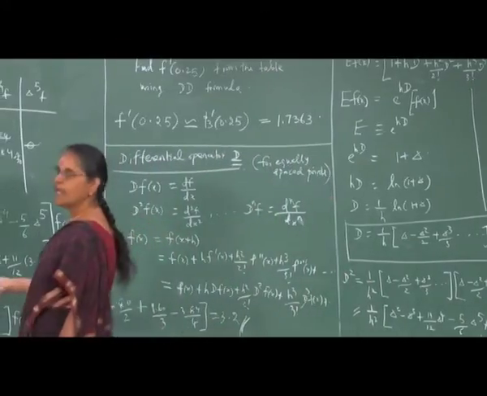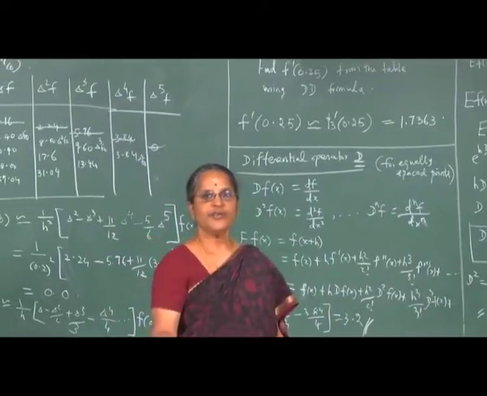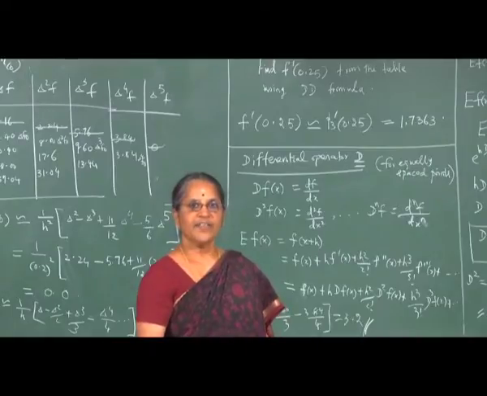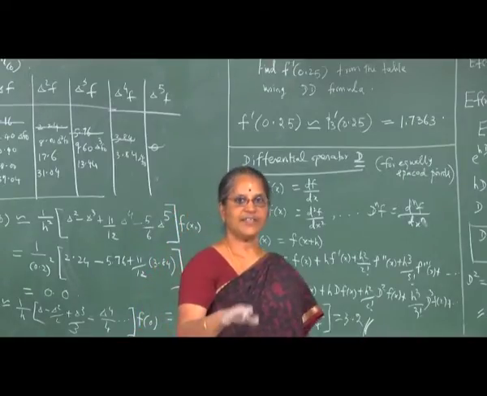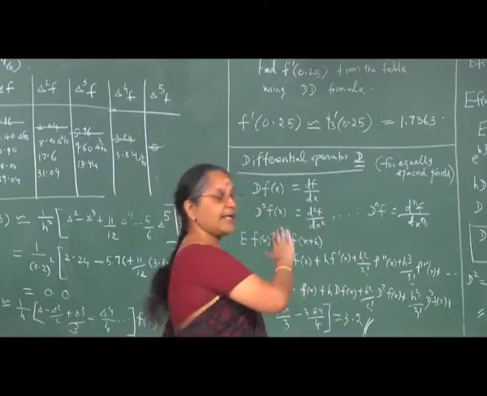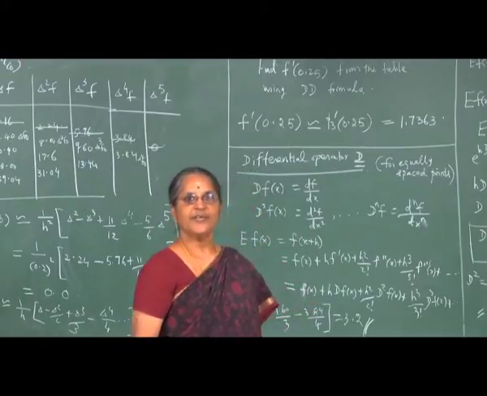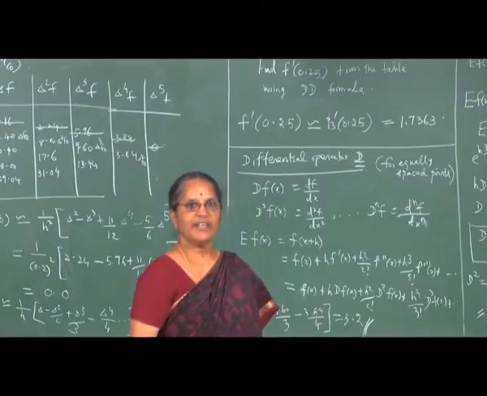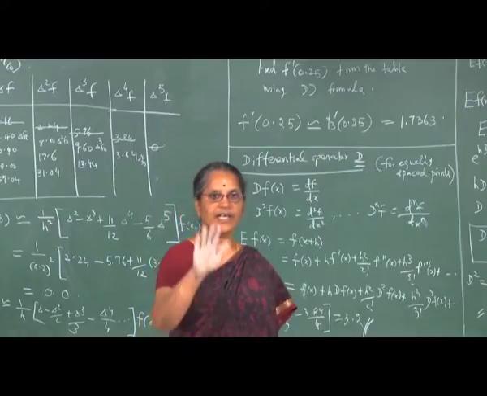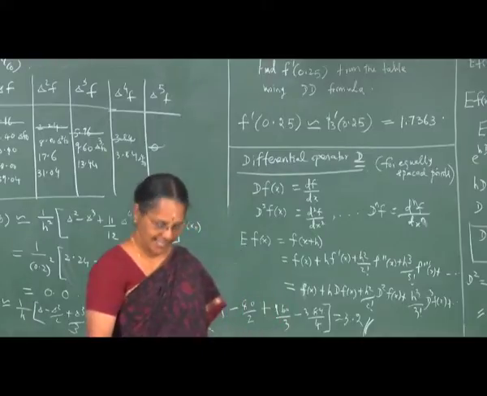The example essentially informs you that you should make sure that the information about the function that is given in the form of a table is correct, and then you can use the numerical differentiation methods that we have discussed to get an estimate of the derivative of the function. So, it is important to ensure that the information about the function which is specified in the form of a table is correct.